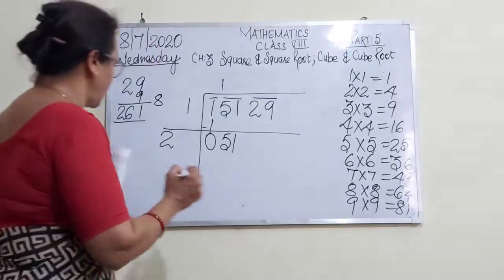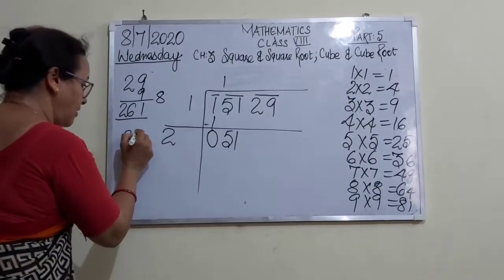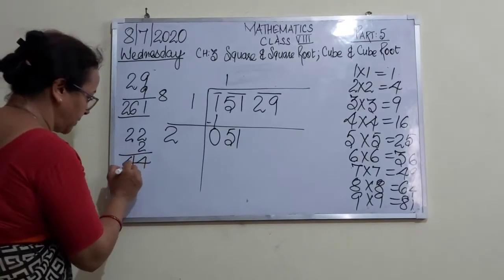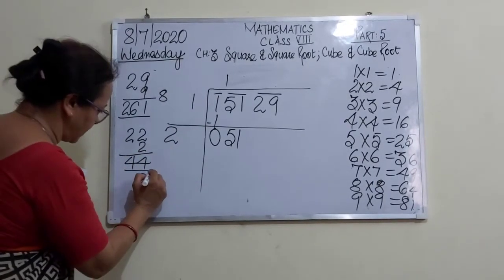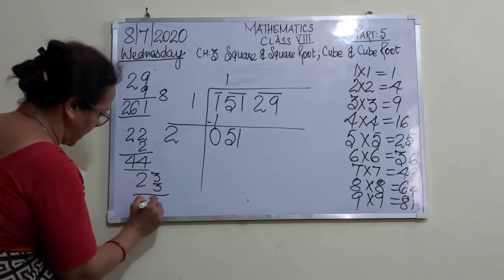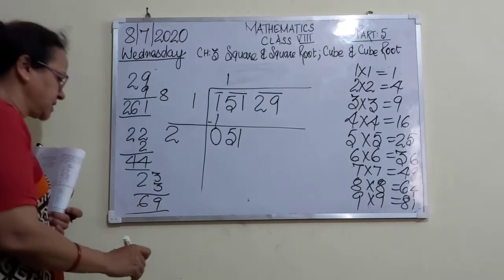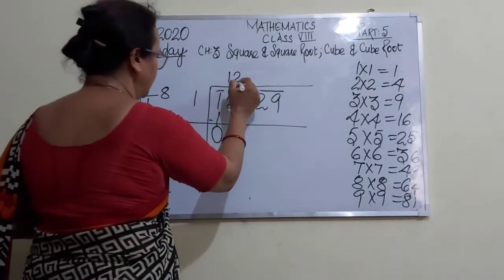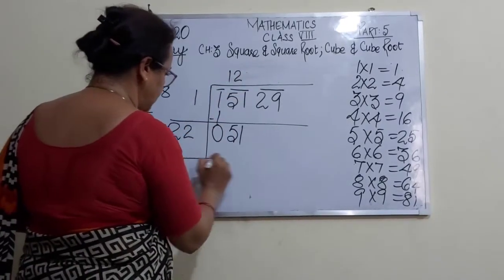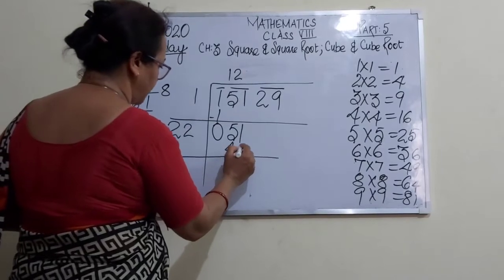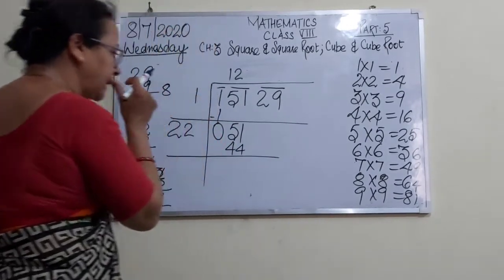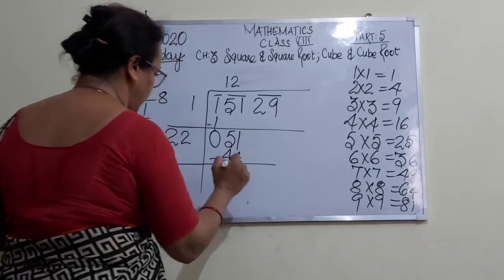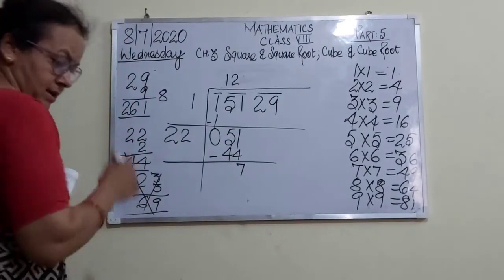This is too small. And 20, now I am taking 2 with it. 2 twos are 4 and 2 twos are 4. It is nearby. Now I will check with 3. 3 threes are 9 and 3 twos are 6. This is worse, so we will not take it. We will go with 2. 2, 2. What is it? 44. That's right. 11 minus 4 is 7. What is remaining? 7.